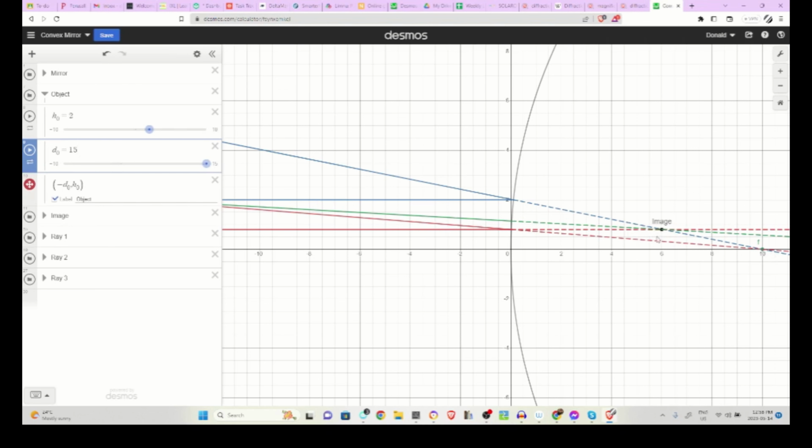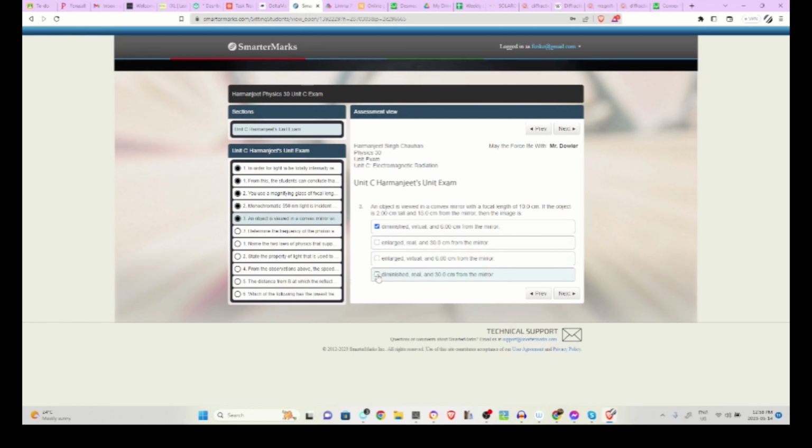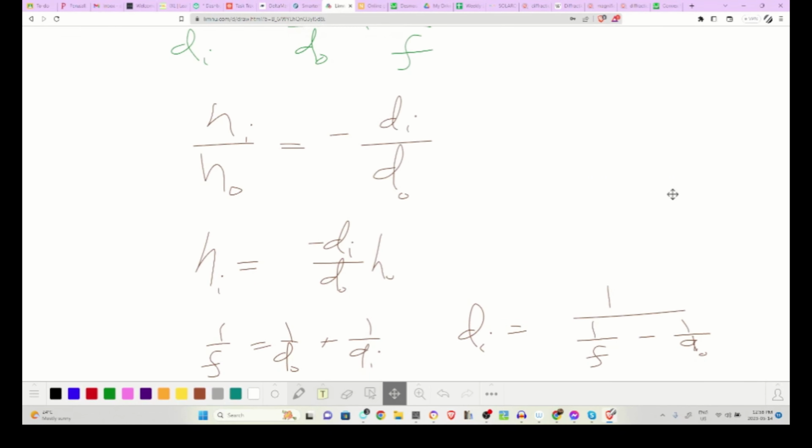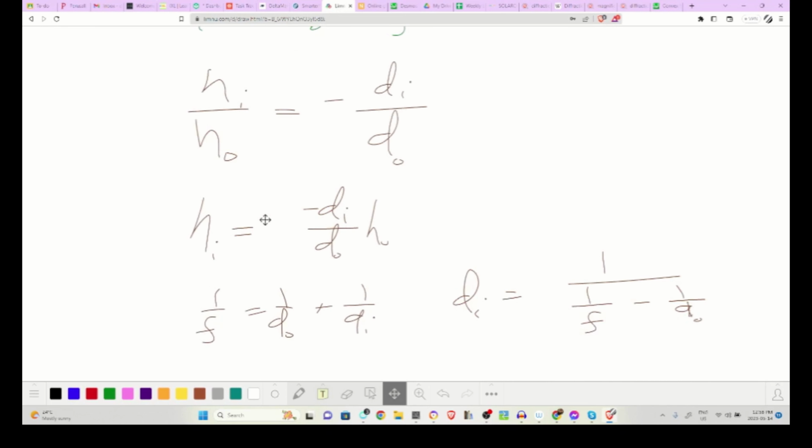Yes, so the image is 6 centimeters away and it is diminished. So it's not an issue with the answer key. It is an issue somewhere in my algebra. I think that's purely because the real and virtual definitions with mirrors and lenses are reversed. So there should be a sign difference here.